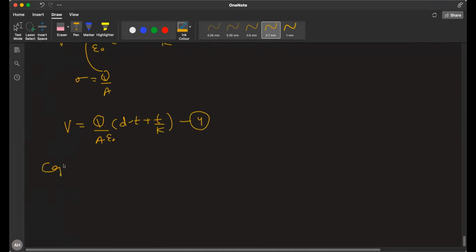When you calculate capacitance, capacitance C is the ratio of charge and potential difference.